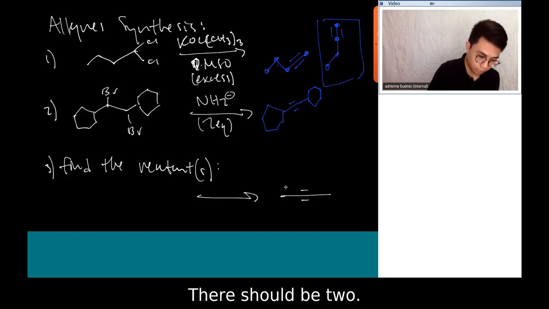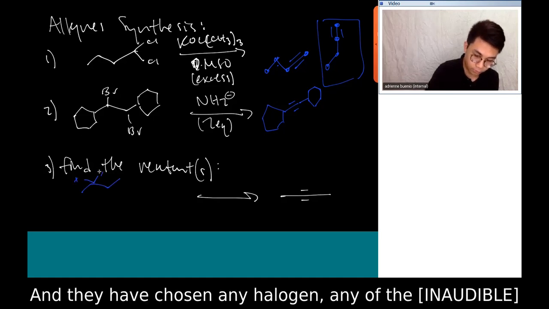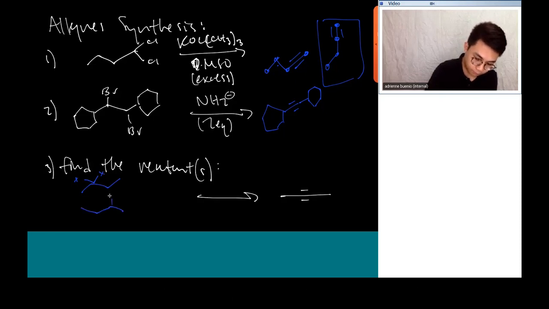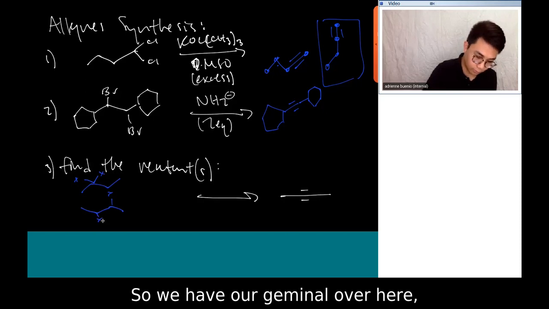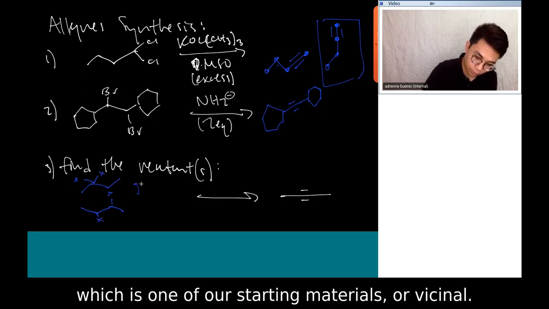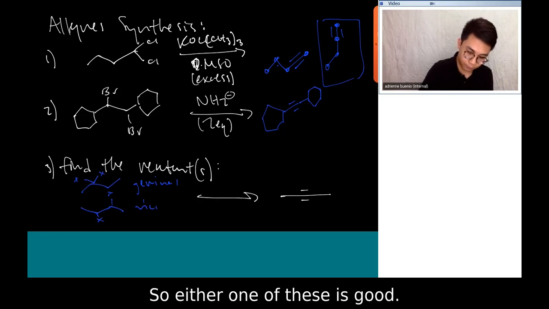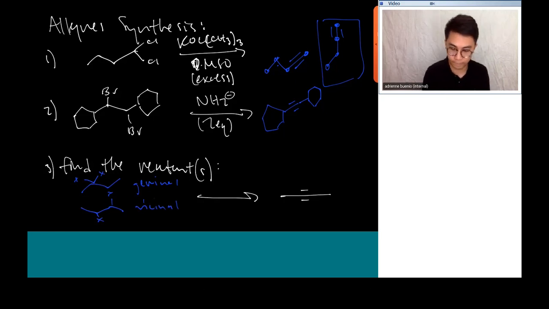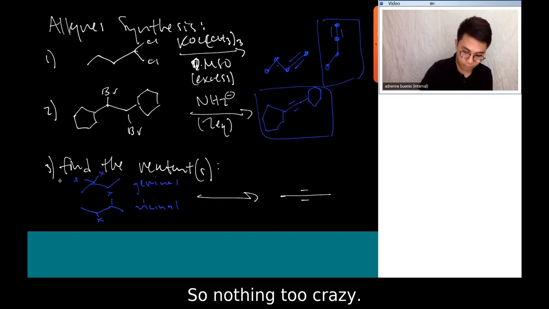You could have chosen any of the starting materials. So we have our geminal over here, which we said is one of our starting materials, or vicinal. So either one of these is good. Nothing too crazy.